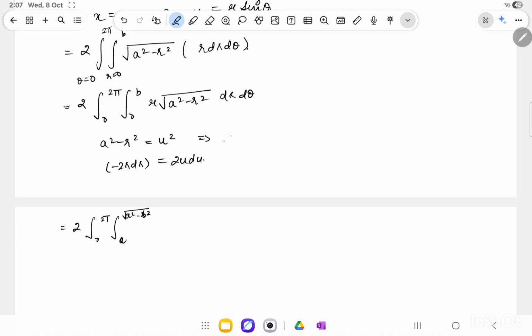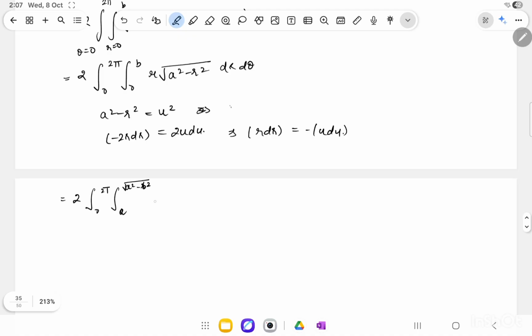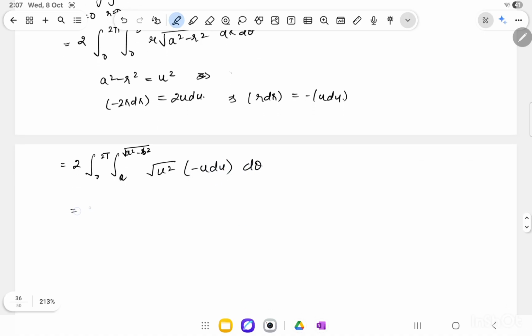So from here I get r dr equals minus u du, and it will be under root u square, minus u du d theta. So it simplifies to 2 times the integration from 0 to 2 pi, from 0 to under root a square minus b square, u square du d theta.